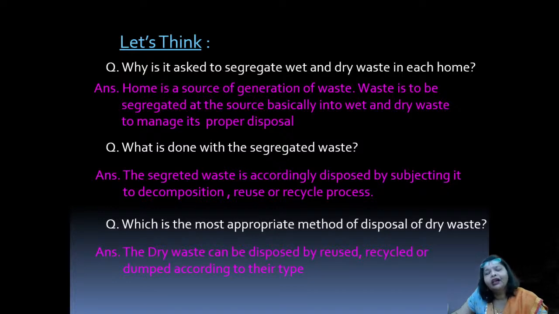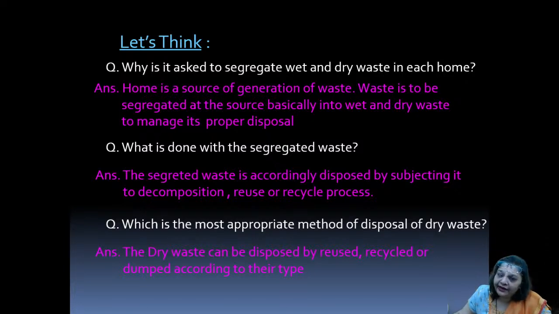Waste has to be segregated or separated into wet waste and dry waste at the source itself, so that we can properly dispose it, and we can manage and handle the waste so that we can dispose it properly. So home is a source of generation of waste. Waste is to be segregated at the source basically into wet and dry waste to manage its proper disposal.